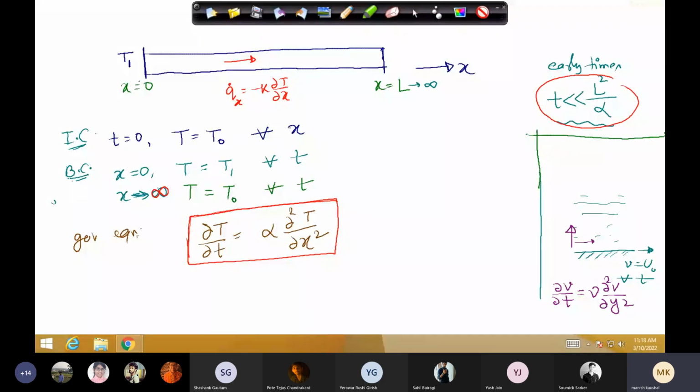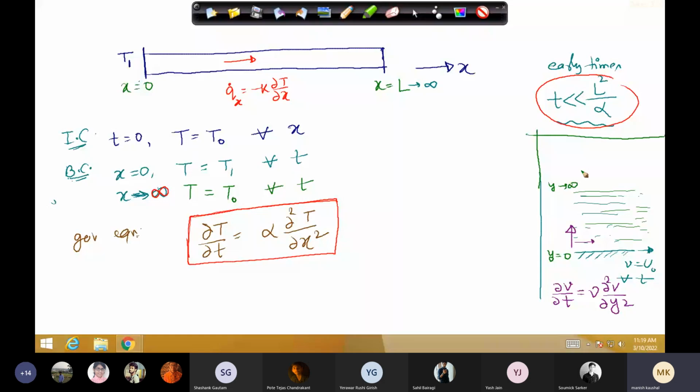In this velocity boundary layer problem, if you consider this as y, and this is y tends to infinity, early times.